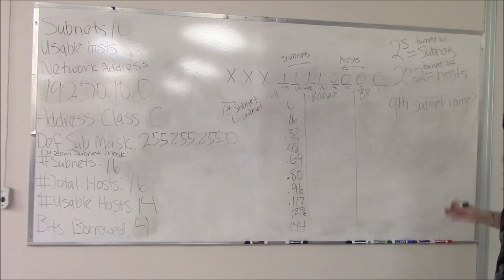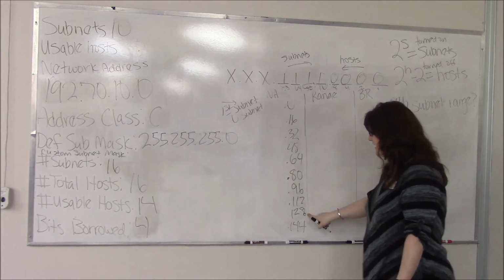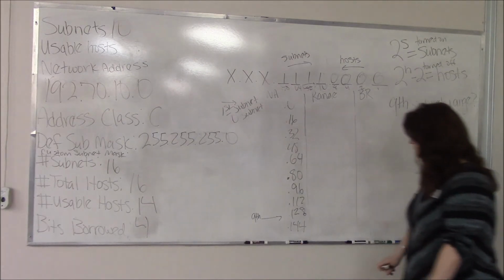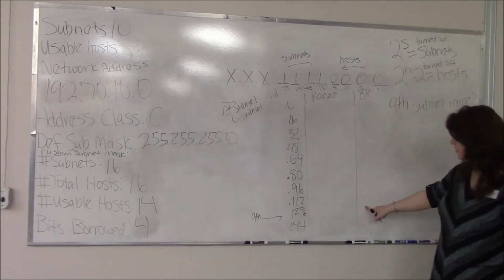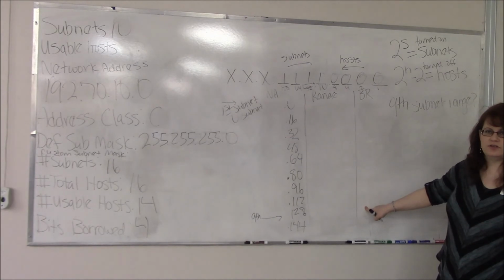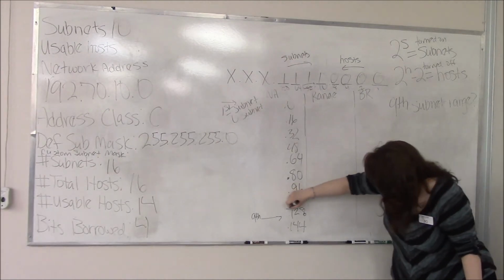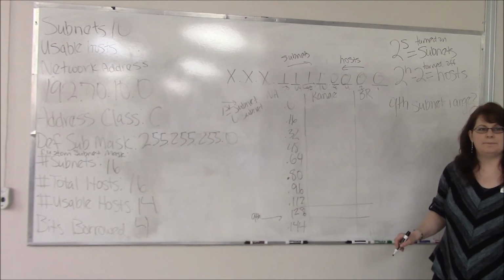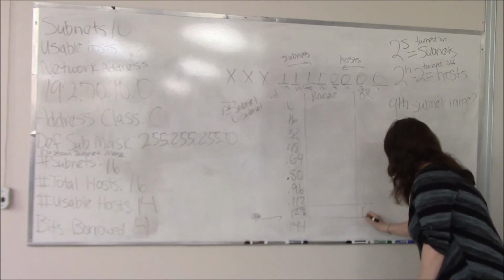So I want to figure out what's the 9th subnet range. Well, here's my 1st, 2nd, 3rd, 4th, 5th, 6th, 7th, 8th, and 9th. There's my 9th subnet. So if I want to figure out the 9th range, how am I going to find the broadcast for that range? How am I going to do it? Go back one. 144 minus 1 is 143.